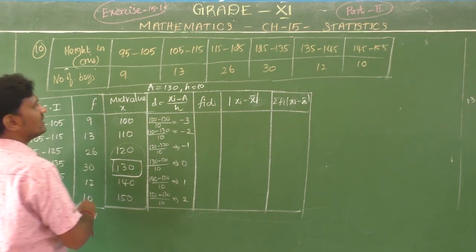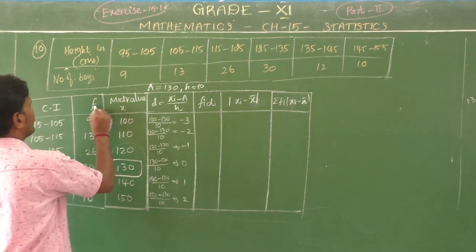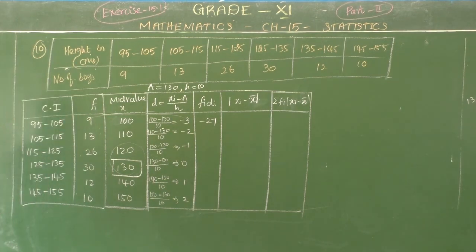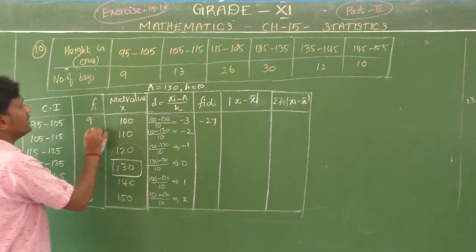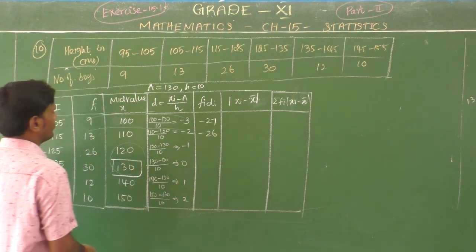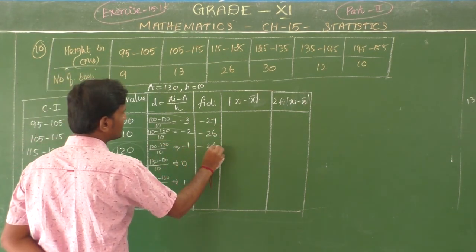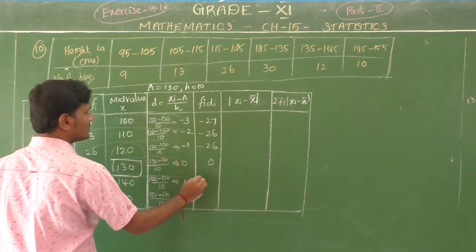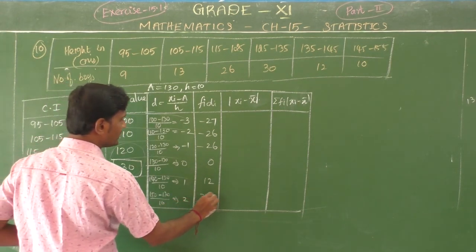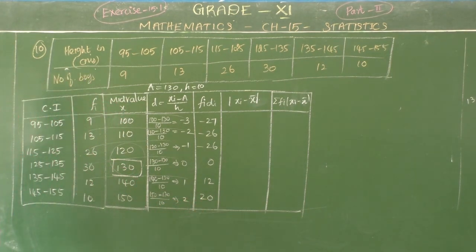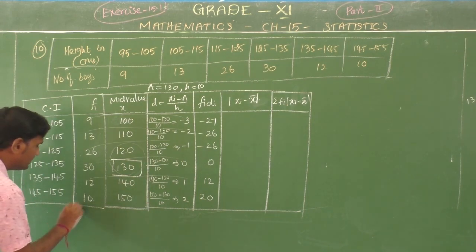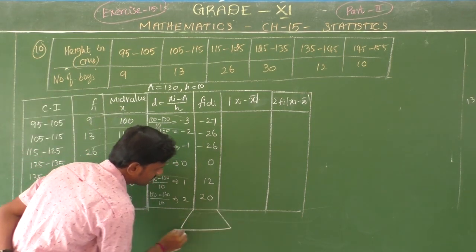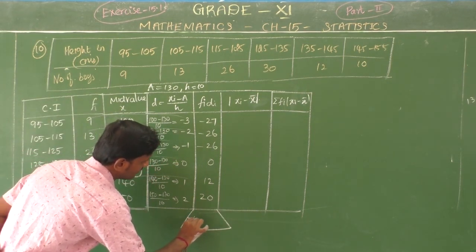And then next I am going to multiply fi into di. 9 into minus 3 is minus 27. Then 13 into minus 2 is minus 26. Then 26 into minus 1, that is also minus 26. Then 30 into 0, 0 only. 12 ones are 12. 10 twos are 20. First we should find n, and then summation fi di.